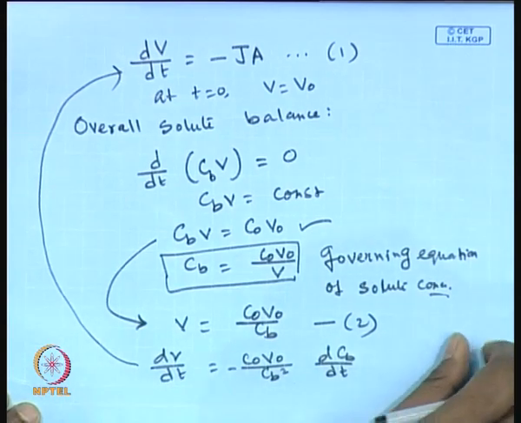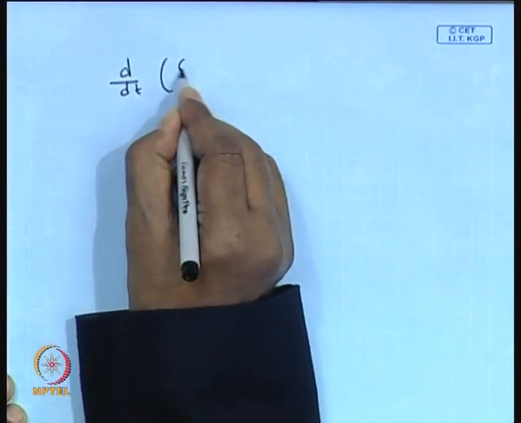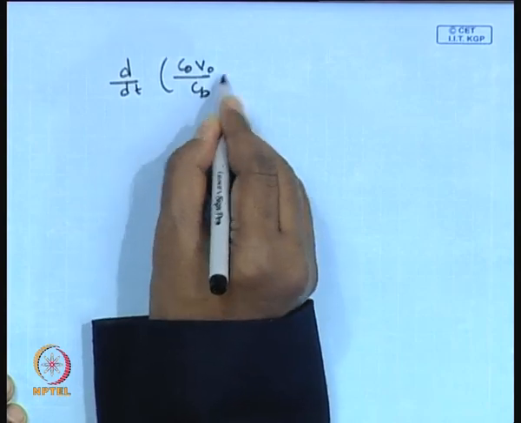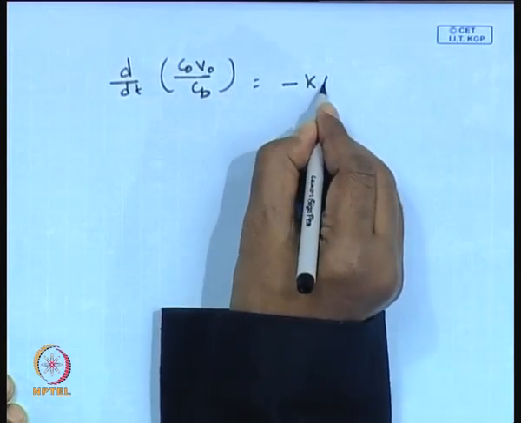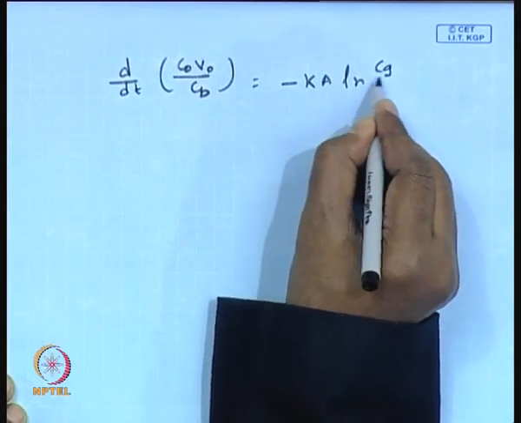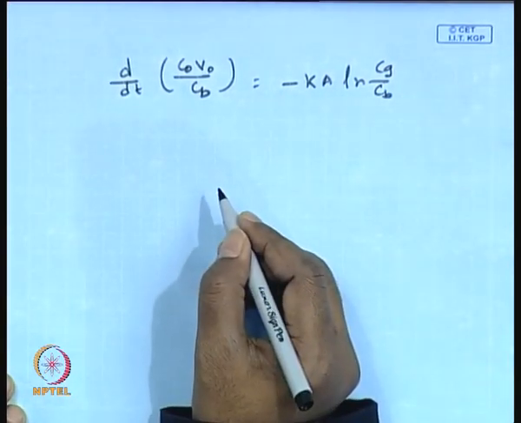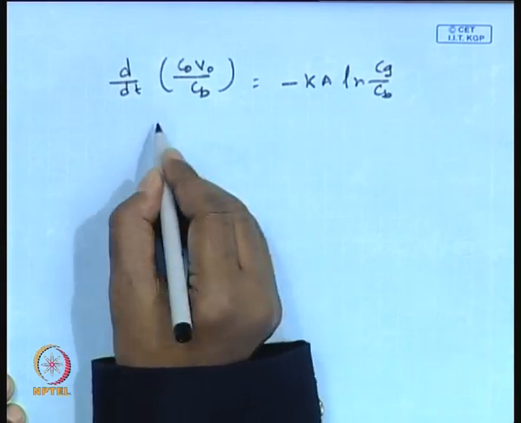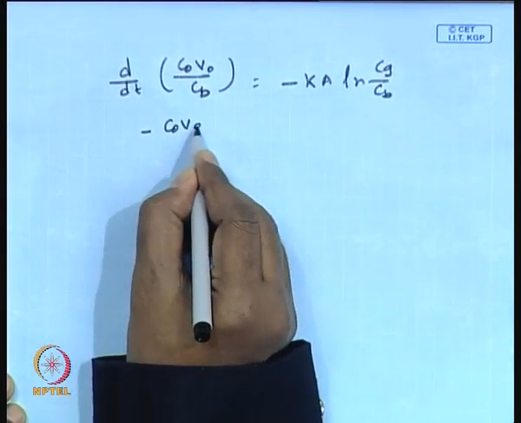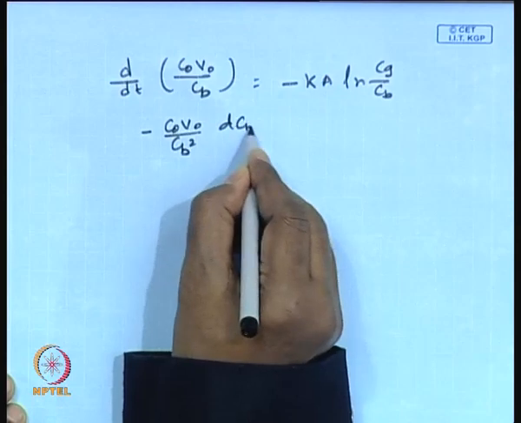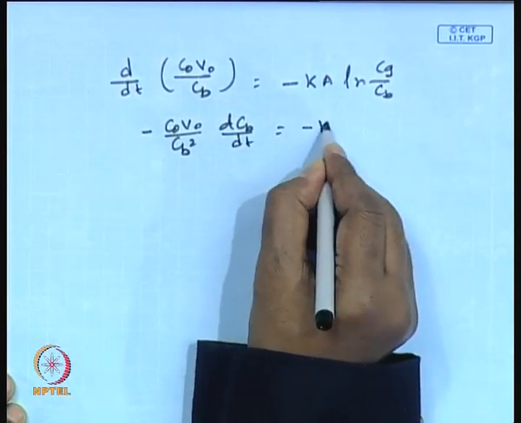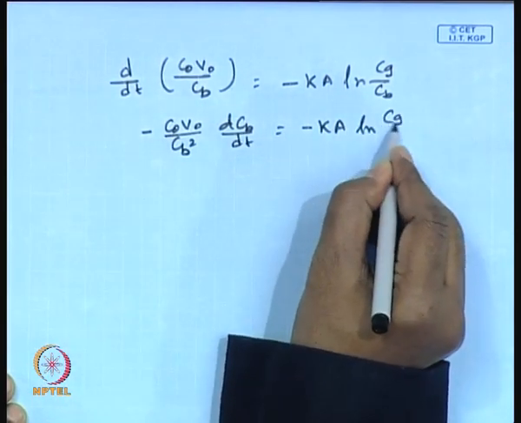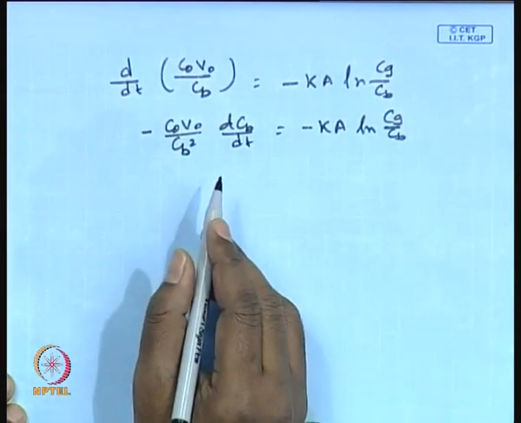Okay. If you do that, you will be getting d dt of C naught V naught divided by Cb is equal to minus Ka ln Cg by Cb. Okay. And just get the derivative of that, we have already done, minus C naught V naught by Cb square dCb dt will be minus Ka ln Cg by Cb. I am just writing the final expression.